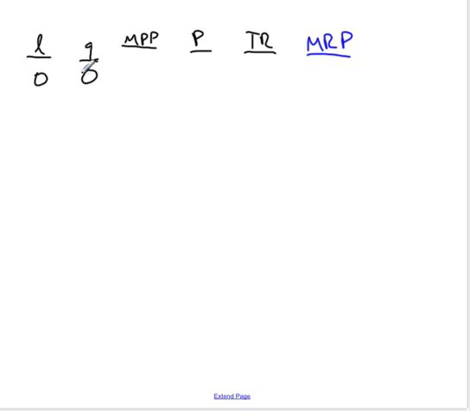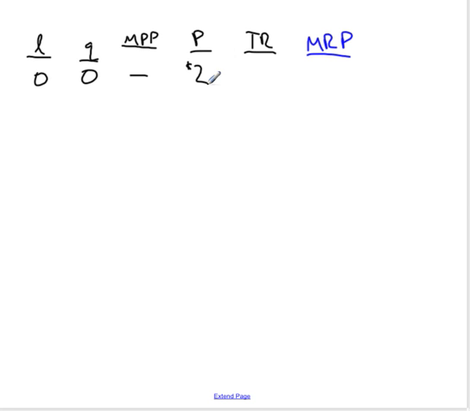Marginal physical product, also called marginal product of labor, we'll see that in a sec. That's a question of how much output changes when you hire one more worker. The price, let's say, is $2. The price, that's not the price of labor, that's the output price, the price in the product market. How much the firm can sell the output for.